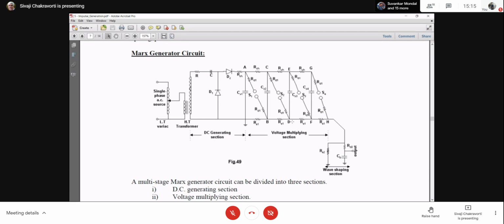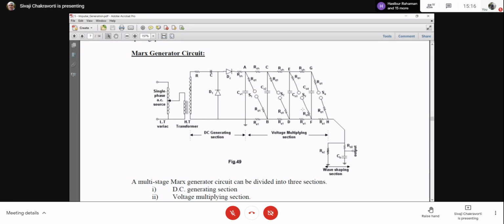So our job is that initially we keep the gap distances in an increasing order from S1 to S4, and the gap distance D1 for S1 must be such that it should not break down at the charging voltage of CS1.